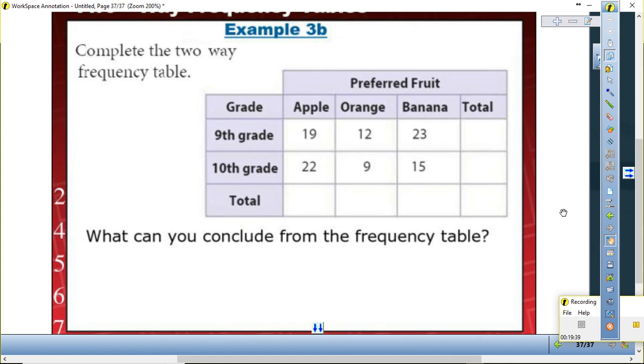Copy the table and fill in the information that's missing. Once you are done, give me a sentence and press send. And you can write on the screen. Copy that. I'll give you some time. Go.